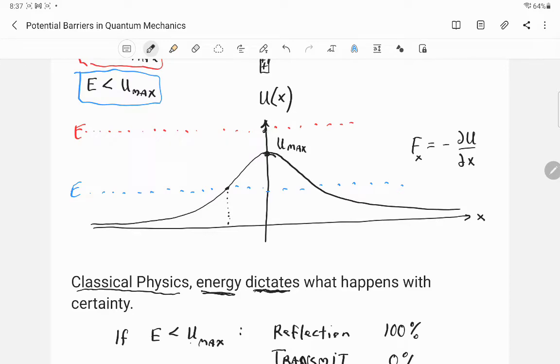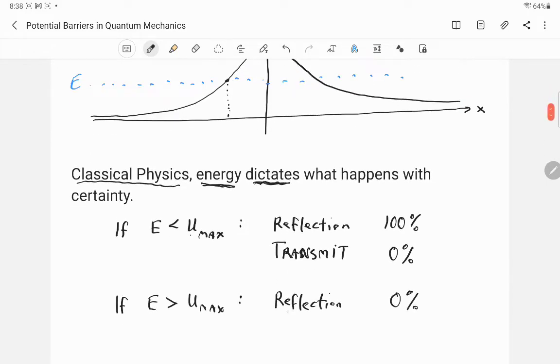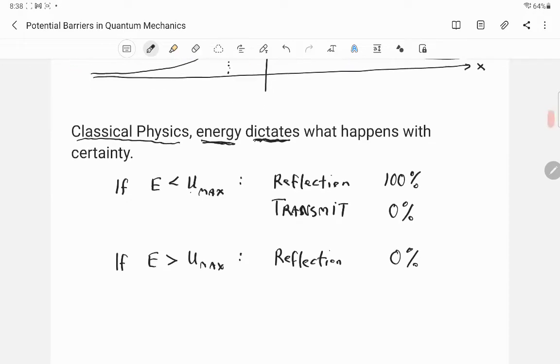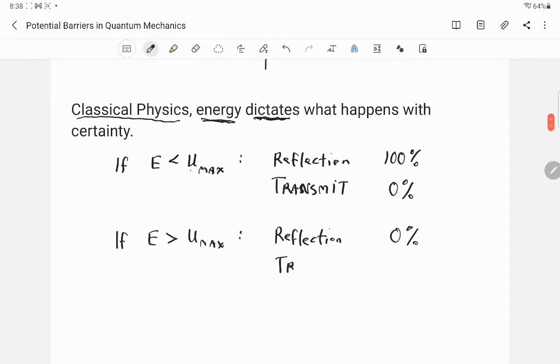So it has not lost all of its rightward directed motion. There is no way that it will reflect, because its motion is never removed to the point where its motion is backwards. And the chance of transmission is 100%.